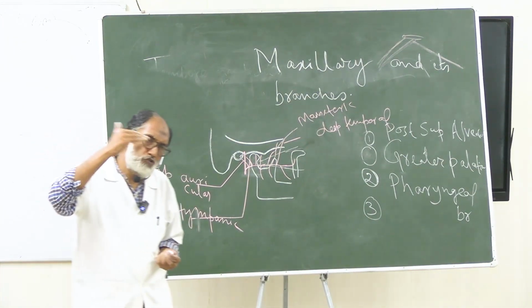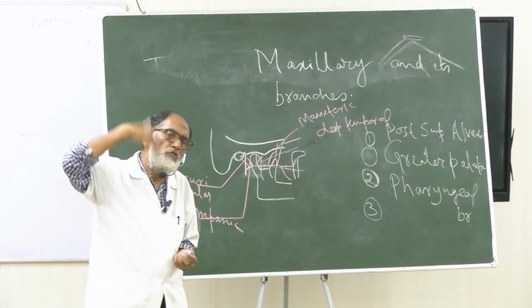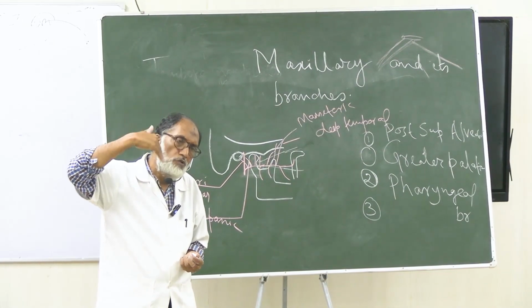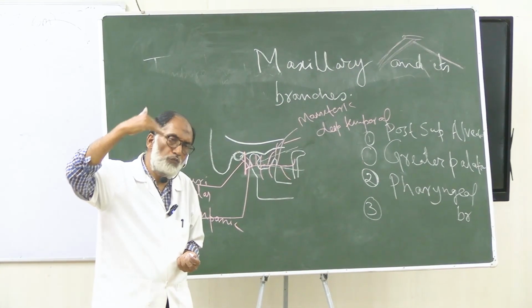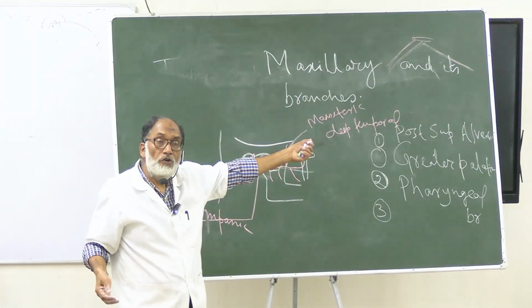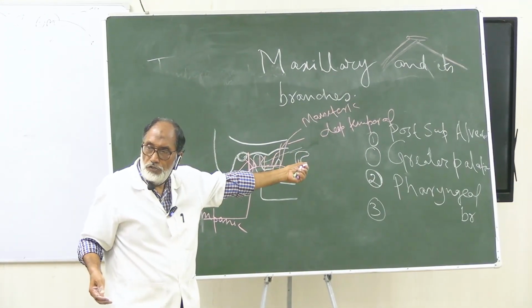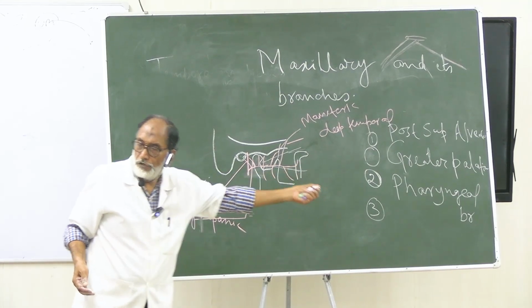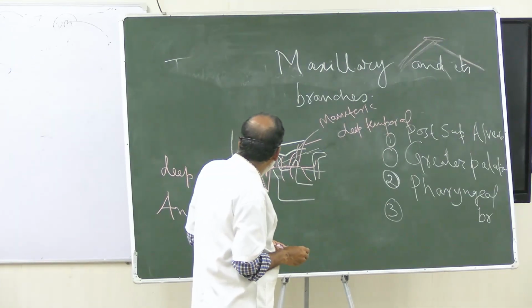It is coming from the posterior aspect. Superior alveolar means upper tooth. Posterior superior alveolar, you may also call it the posterior superior dental artery, right?